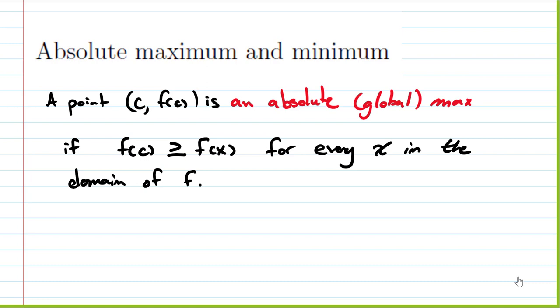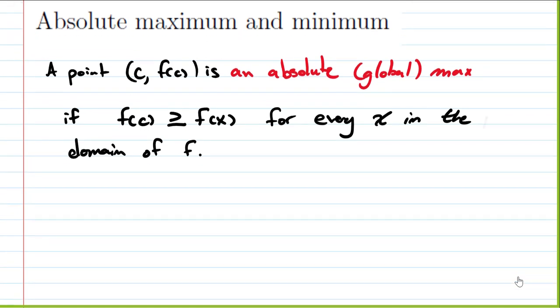So a point is an absolute max if it's greater than or equal to the function at every point in its domain. So for every x in the domain of f.